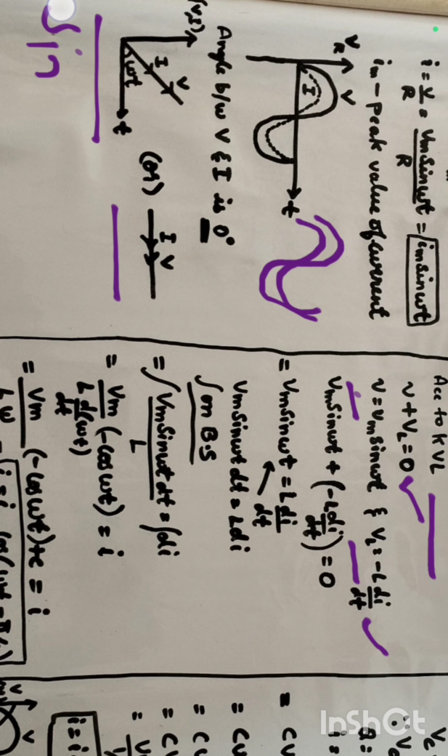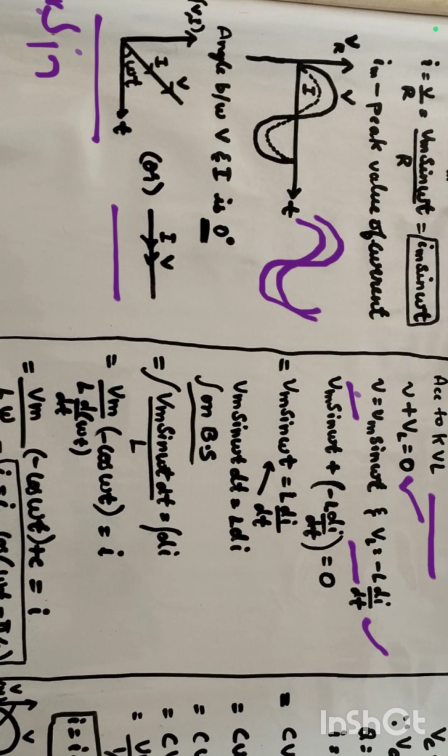There is a trick to remember this. In resistance, we just substitute into Ohm's law. For a resistor connected to an AC source, there we use Ohm's law.